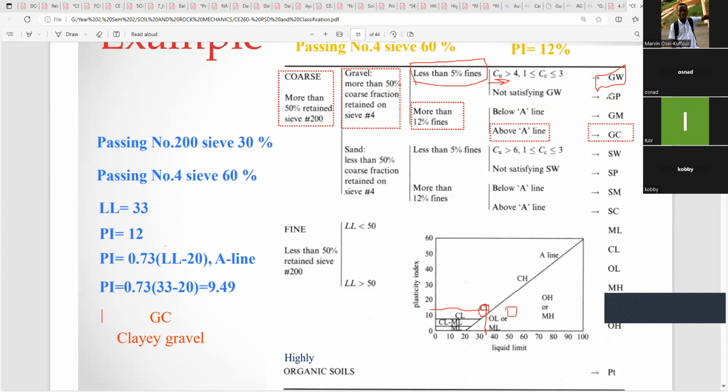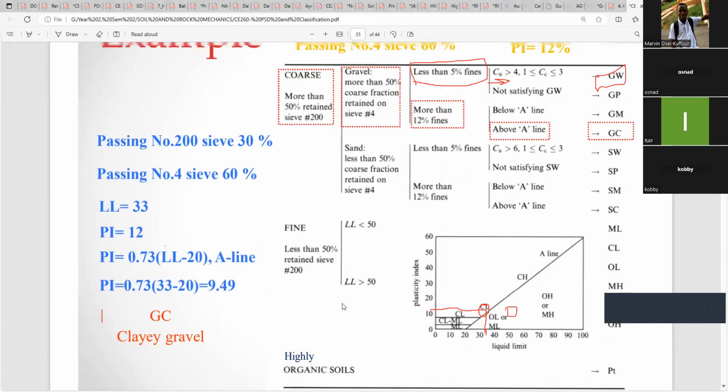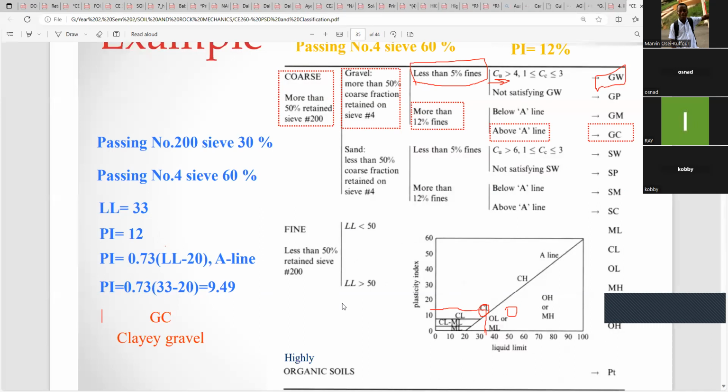Is there any question again? So the whole concept behind this is just to classify the soil you've been given.